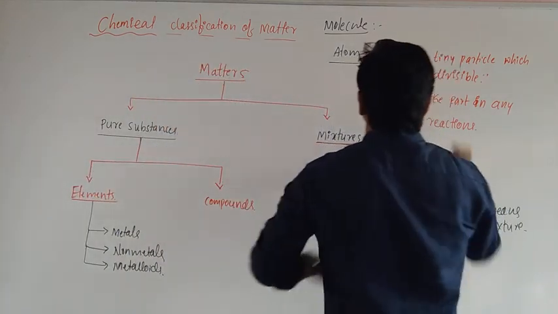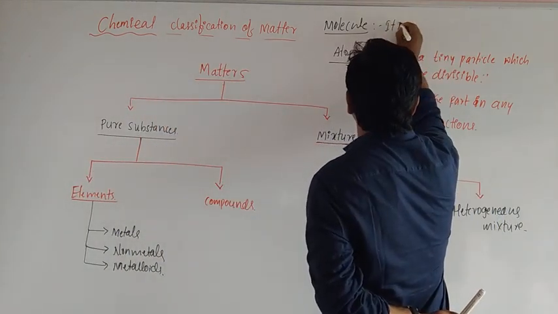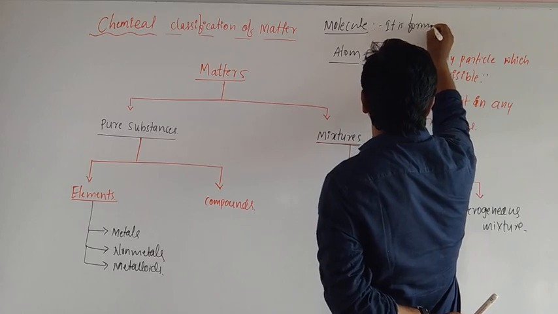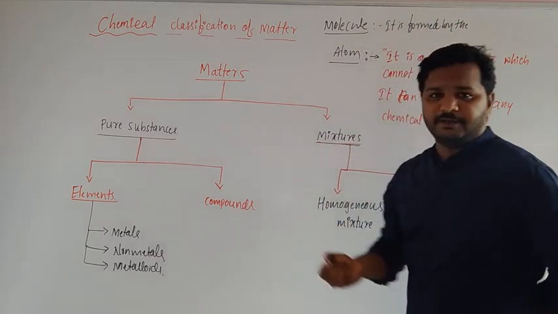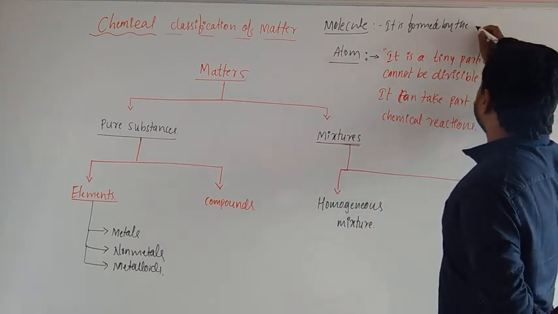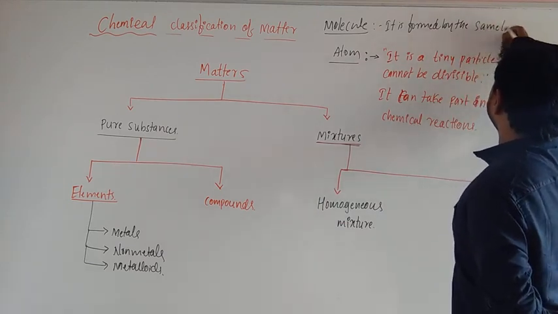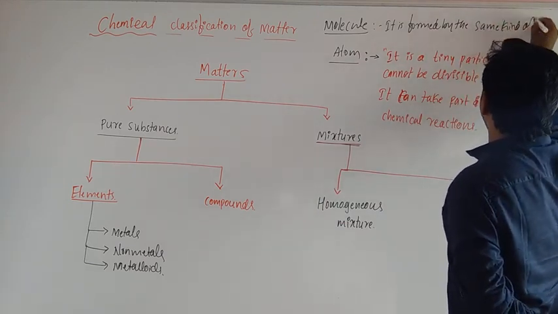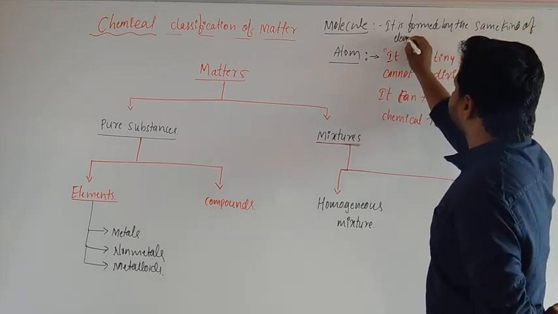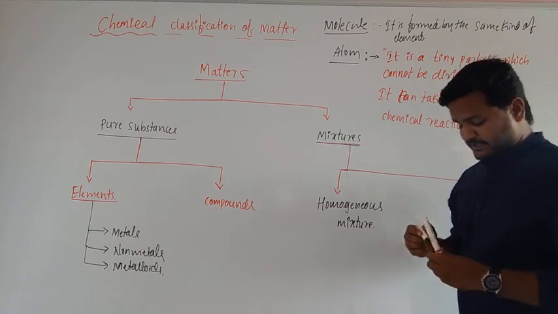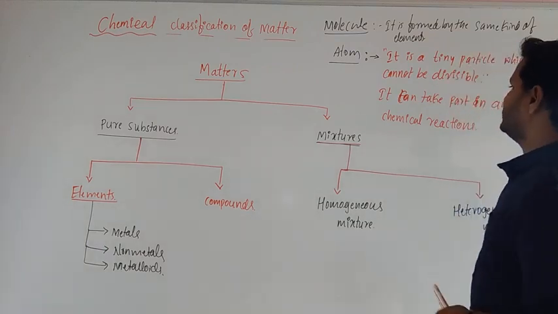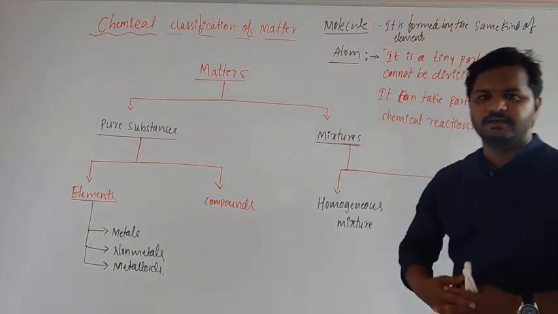Correct. It is formed by the same kind of elements, or you can say atoms. It is formed by the same kind of elements, and it can take part in a chemical reaction.